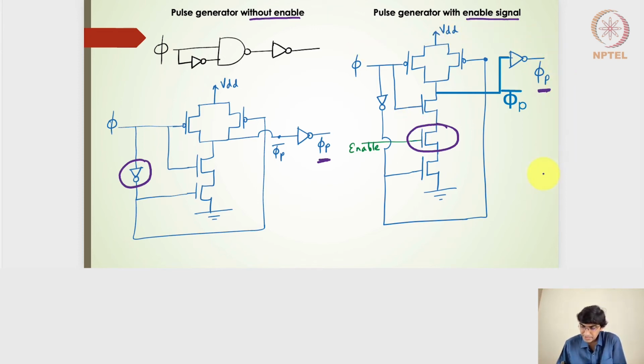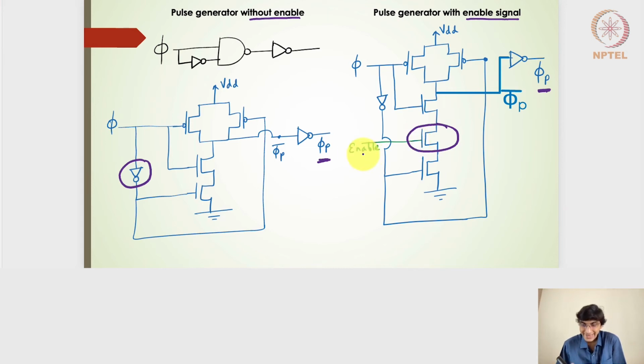This part of the circuit is very similar to this other part of the circuit. The only thing is the enable foot transistor, the additional transistor, is added in the pull down circuit of the 2-input NAND gate. In the pull down circuit here we have 2 transistors. Here it is actually 3 transistors, where one of the transistors is enable.